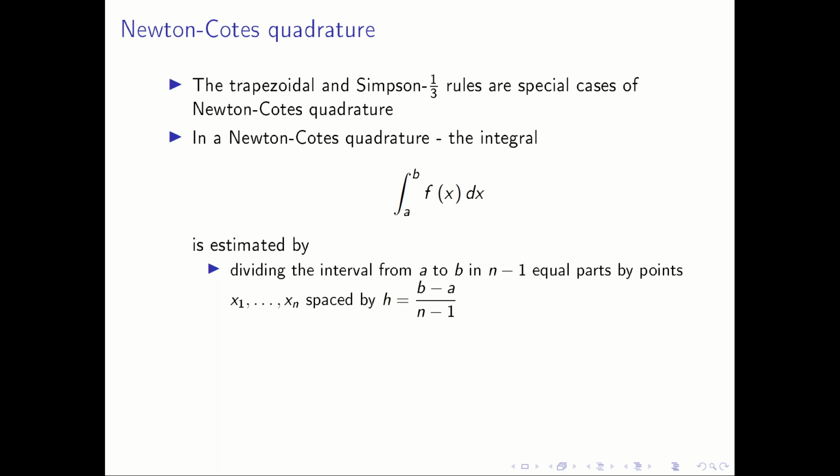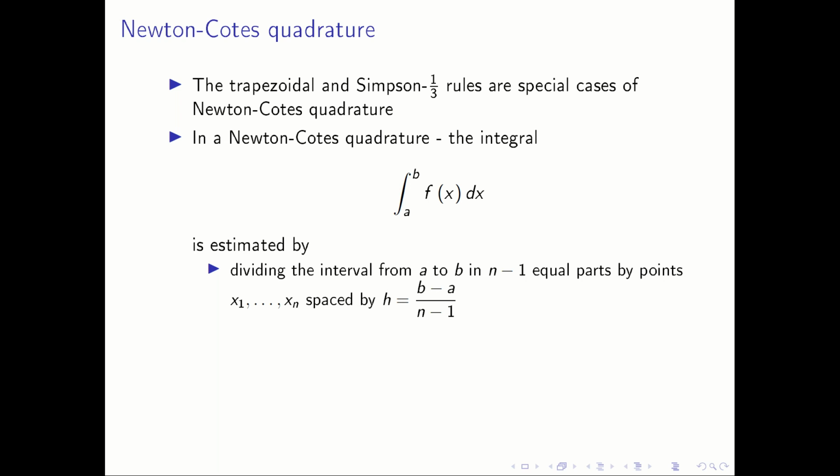The points, let us call them x1, x2 up to xn, where x1 of course is a and xn is b, and the spacing is h, which is b minus a, the whole interval, divided by the number of intervals, which is n minus 1. Just to remind you, the number of intervals is of course one less than the number of points.